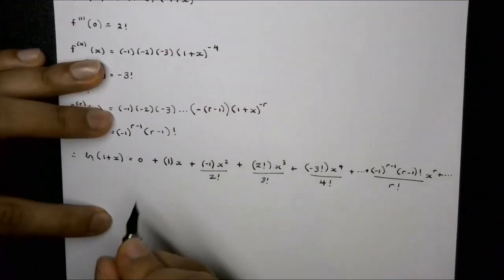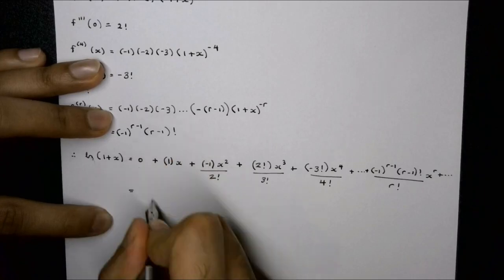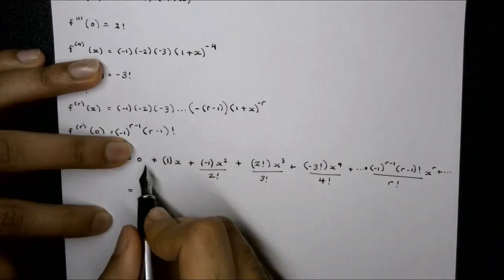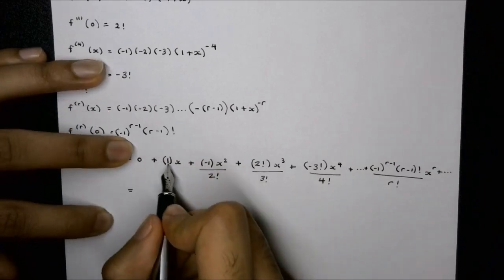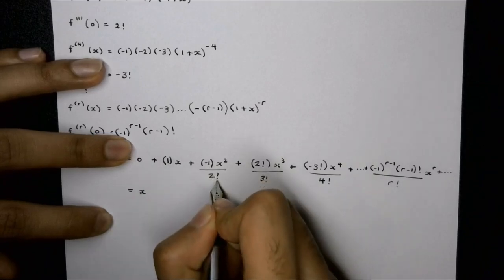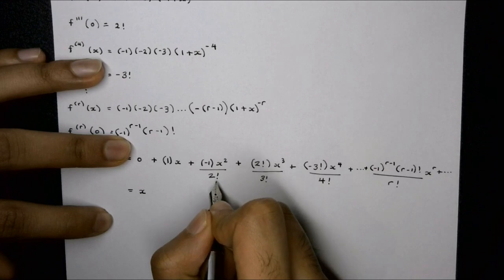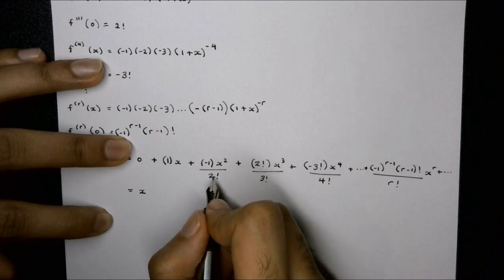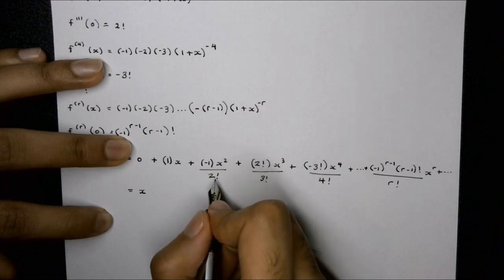What do you notice over here? Well, hopefully here you can see, well, 0, let's just ignore that for a second, that's not going to change anything. We've got 1x, which is x, and here we've got minus 1 divided by 2 factorial, so that's just minus 1 over 2.